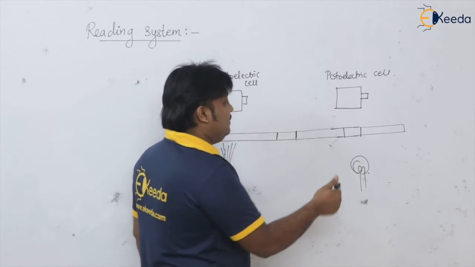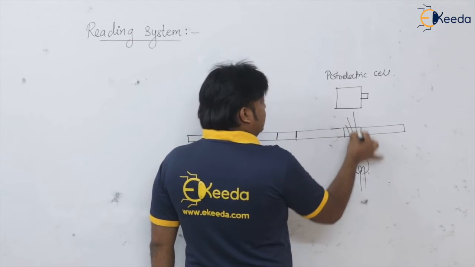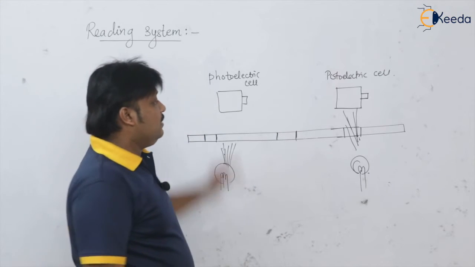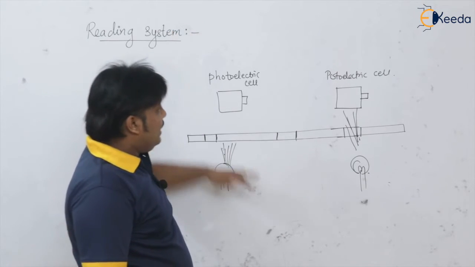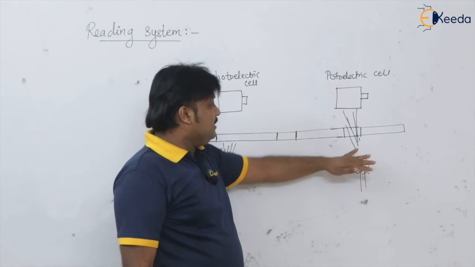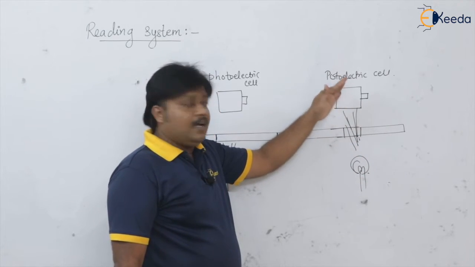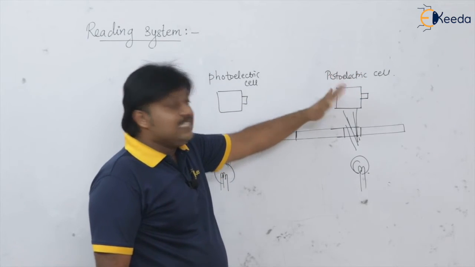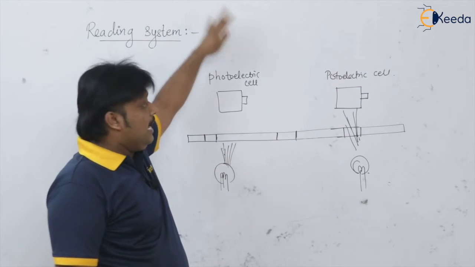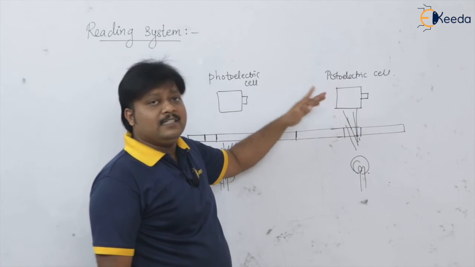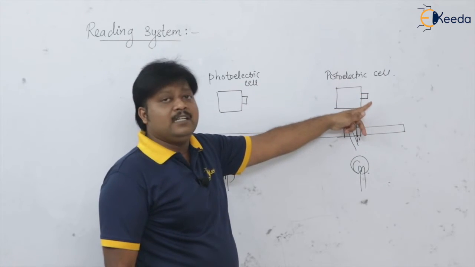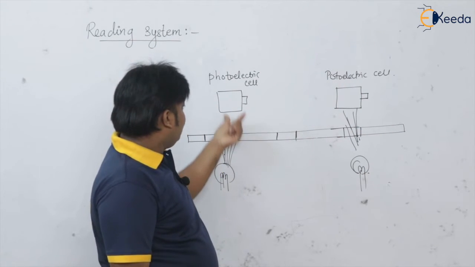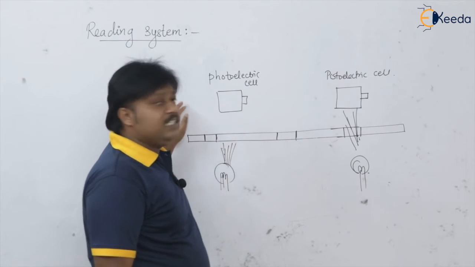Now when the tape moves ahead, wherever the light source and a hole are in front of each other, the light passes through the hole and is incident on the photoelectric cell or sensor. That sensor gets activated, and that position is on. When no light falls on the photoelectric cell, that position is off.